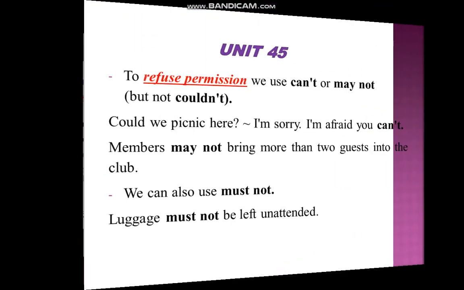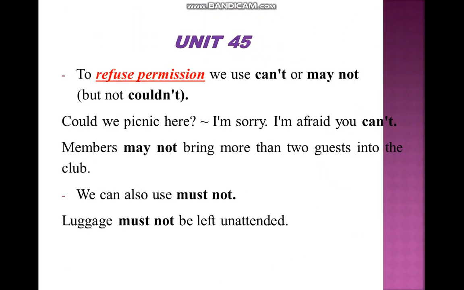So, to refuse permission, we use can't or may not, but not couldn't. Now to refuse permission, okay, someone asks you and you don't want to give permission. You use what? Can't or may not, but not couldn't.